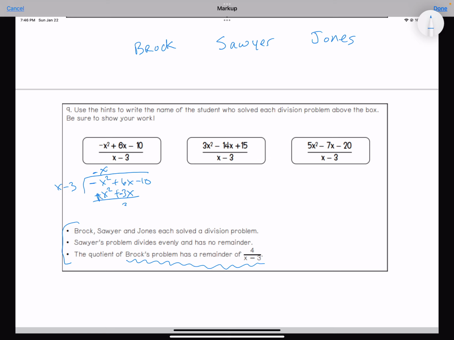So here I have 3x minus 10. I'm going to multiply by 3. 3x minus 9. Subtract the opposite here. I'm going to have a remainder of negative 1. So this is how you write, and I'm going to do them down below where I have a little more room. This is how you would write the answer.